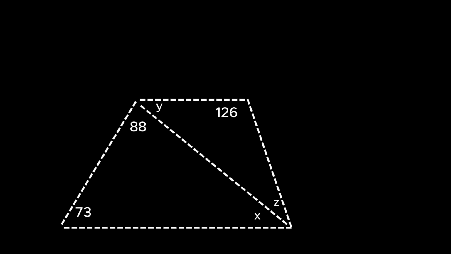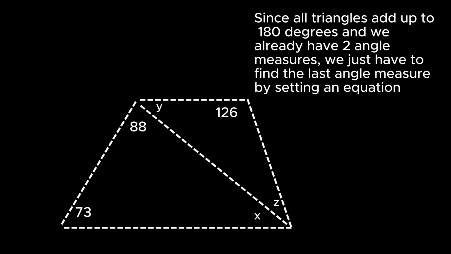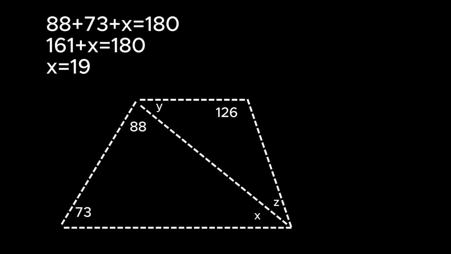Because you see how there's a triangle formed by this diagonal that contains the 88 degrees and the 73 degrees. We know that the measures of a triangle have to add up to 180. So we can set the equation 88 plus 73 plus x equals 180. We combine like terms and simplify, move this to the other side, and we get x equals 19.